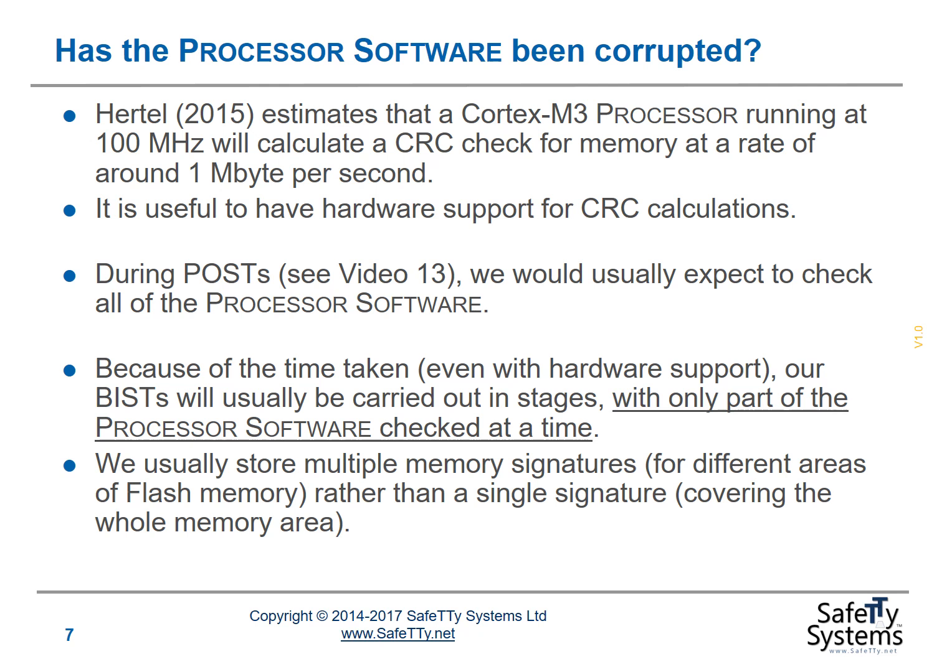Hertel, and you'll find a full reference in the ERES2 book, estimates that a Cortex M3 processor running at 100 MHz will calculate a CRC check for memory at a rate of around 1 megabyte per second.